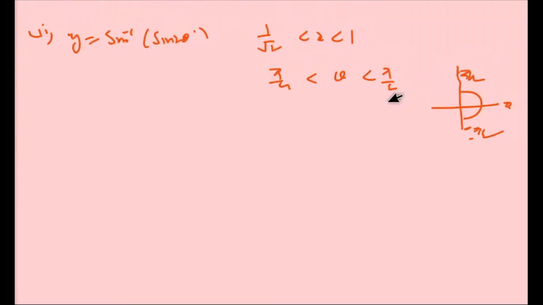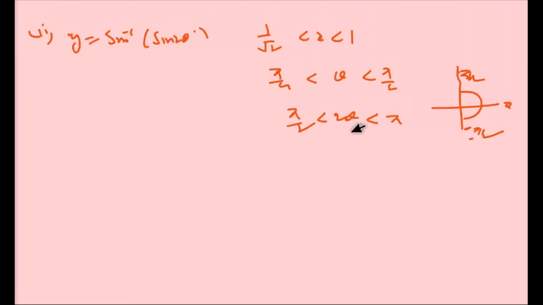So now minus pi by 4 less than theta less than pi by 2. So we can write this way that if we multiply it by 2, what we get here? Pi by 2 less than 2 theta less than pi.